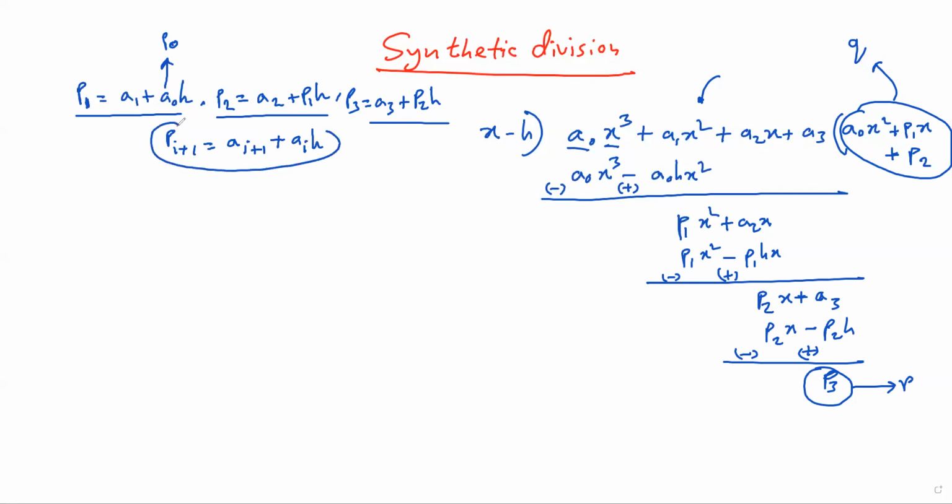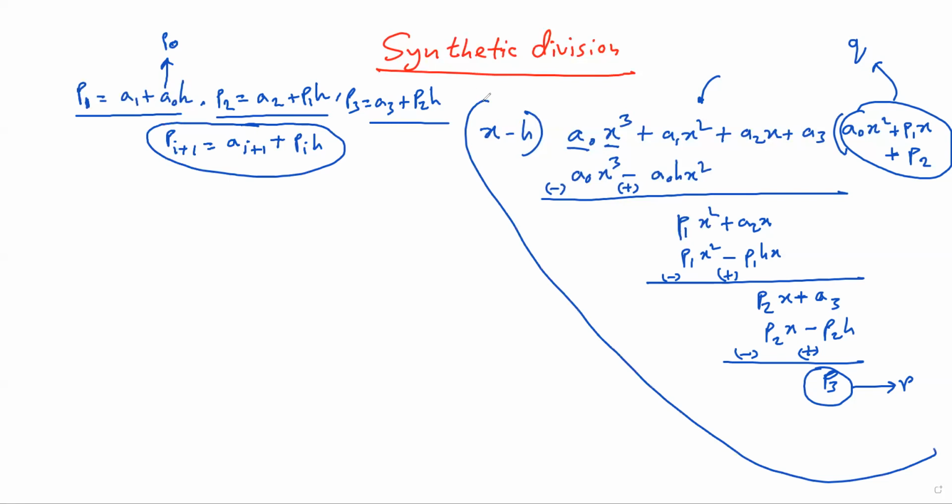So not ai h, but pi h. So we can use this equation iteratively, and instead of writing all these jargons here, we can simplify our task and just use this particular equation repetitively to find the answer.